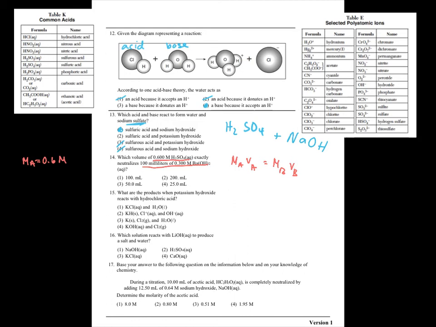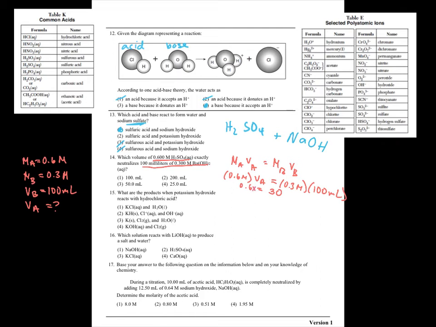Just to verify, H2SO4 is sulfuric acid from the previous question, so we should already acknowledge that's the acid. So that means barium hydroxide is our base. The molarity of that is 0.3 molar, and its volume is 100 mLs. We are looking for the volume of the acid. So we plug and chug: 0.6 molar times the volume of the acid equals 0.3 molar times 100 mLs. Solve 0.6 times V equals 30.